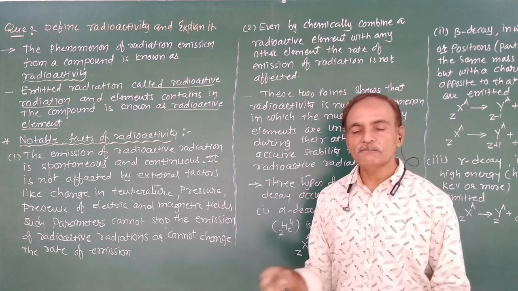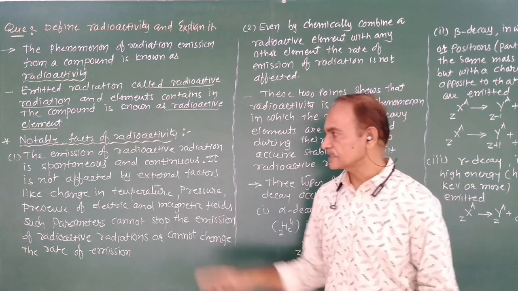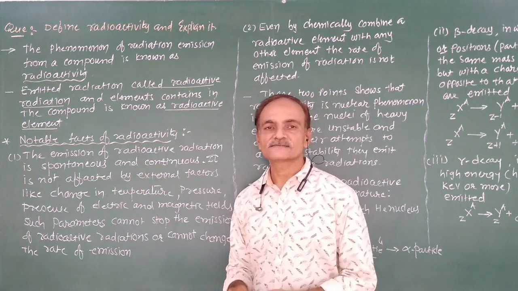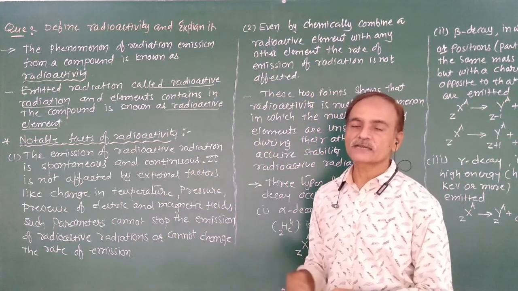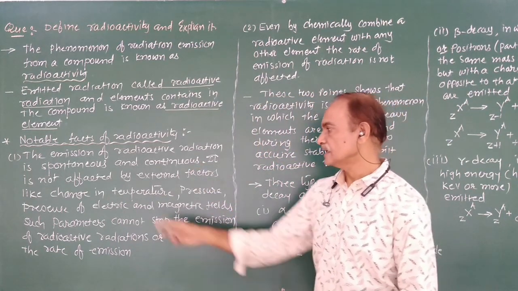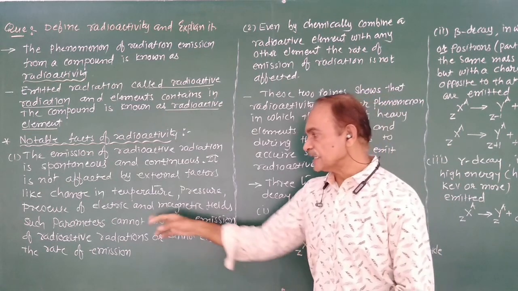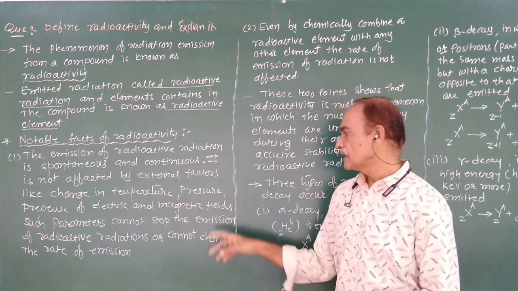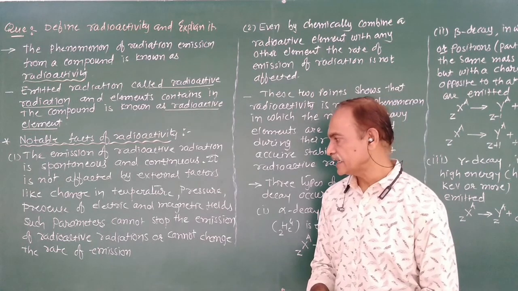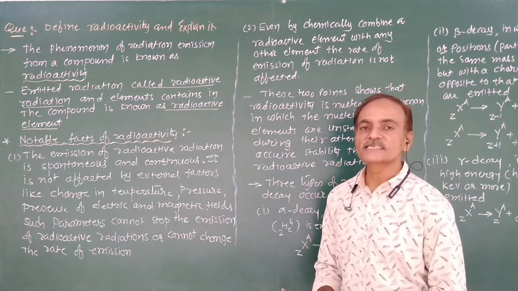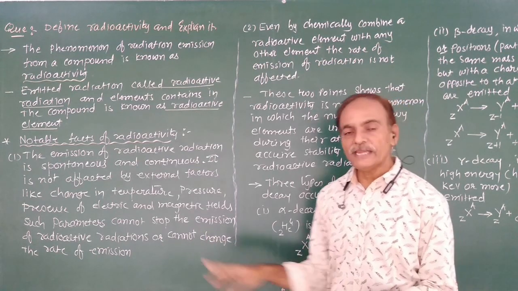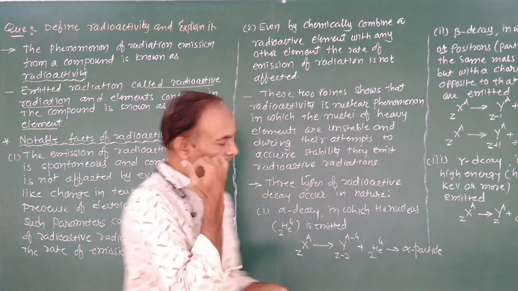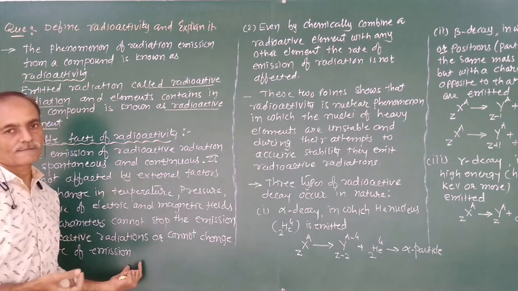Electric field, magnetic field, temperature, and pressure cannot stop the emission of radiation or change the rate of emission. So no factor can change or stop the radiation.